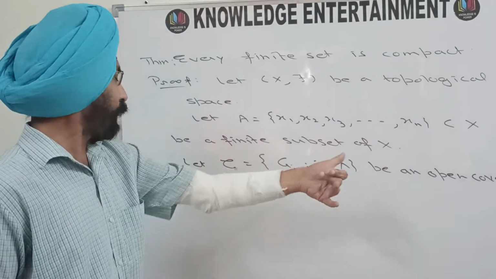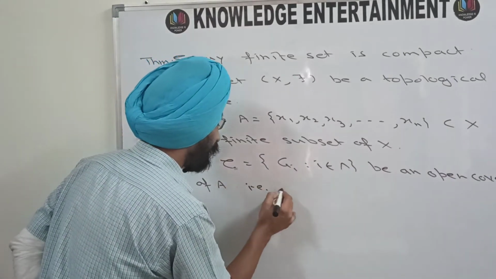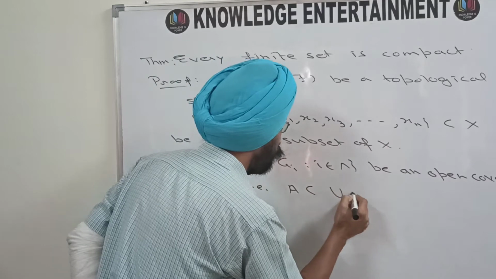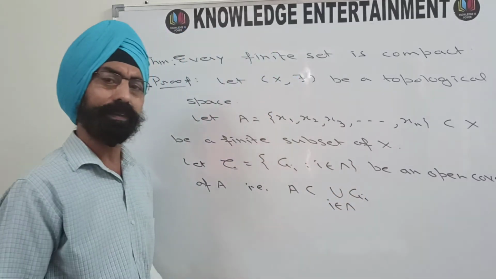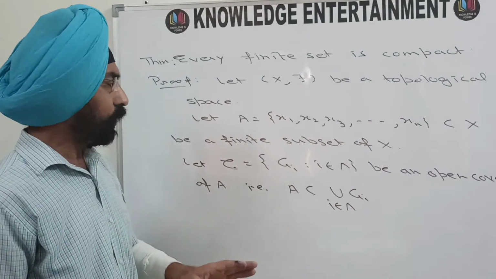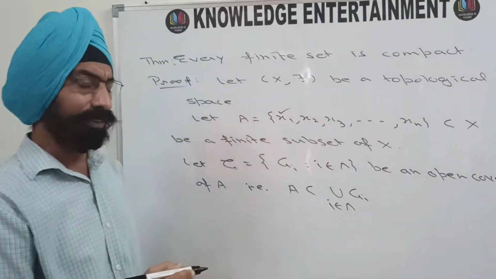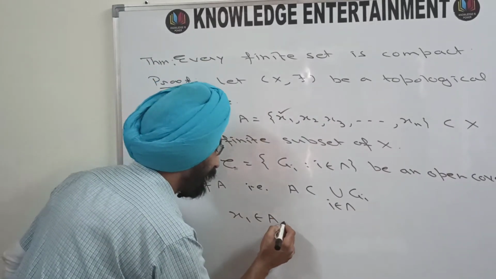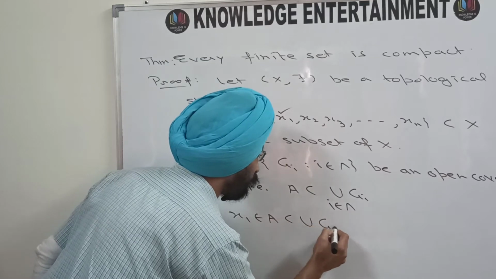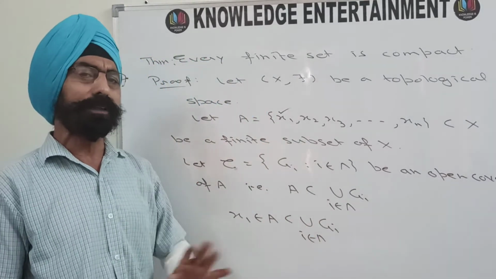So this is an open cover of A. Open cover of A means A is covered by the union of members Gi where i belongs to that particular family lambda. Now I'll take one by one. So let us start with x1. x1 belongs to A and A is a subset of the union of Gi, i belonging to lambda. That means x1 also belongs to this union.